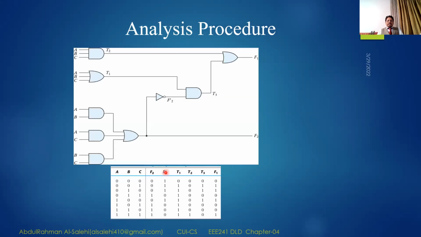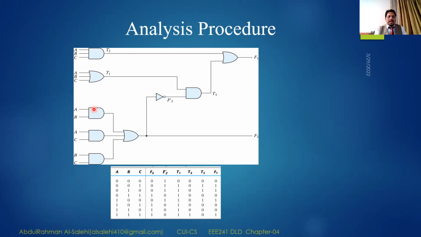Let's say that this circuit here has been given as example number 1 in the book, and we are trying to analyze our circuit. As I told you, first of all, we have to define each input. The first gate is an AND gate with inputs A, B, C. The other one also has A, B, C, but it is an OR gate.